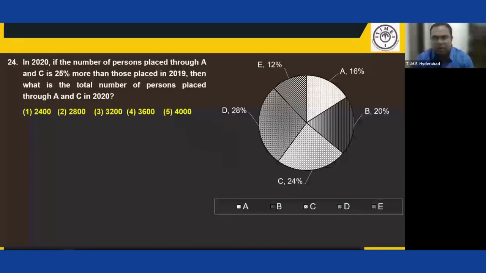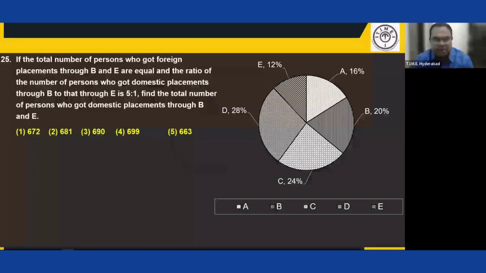Okay. 24. Choice 2. You make a note of the key also. 24. Choice 2. 25. Choice 1. Okay. 25. Choice 1.